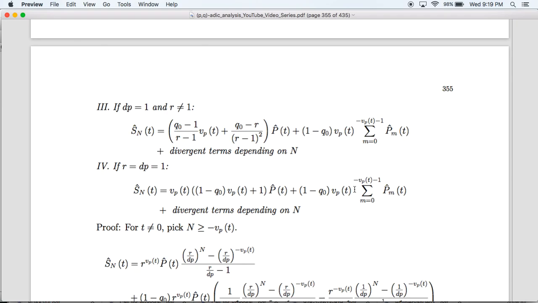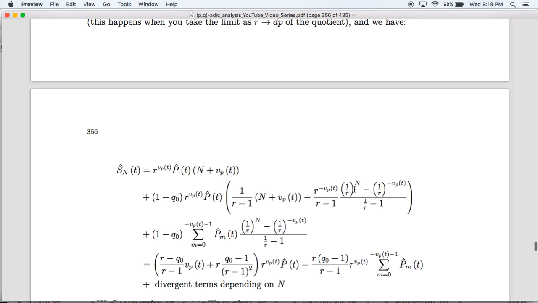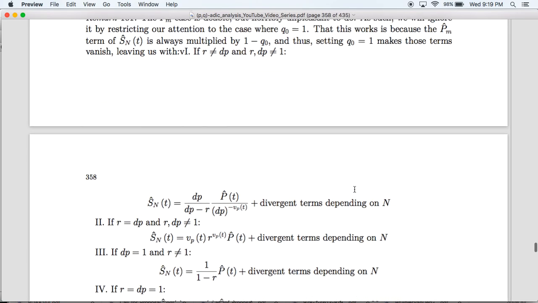In particular, q0 not equal to 1 corresponds to the case where the zeros digits of our p-adic integers contribute to the value of the F series. When q0 is equal to 1, the zeros digits will not contribute. And so things simplify much more when q0 is equal to 1.